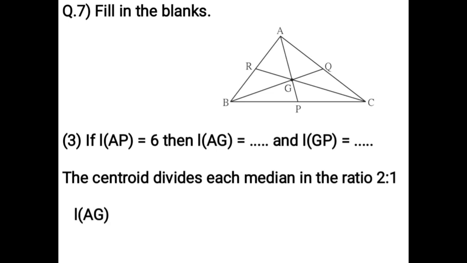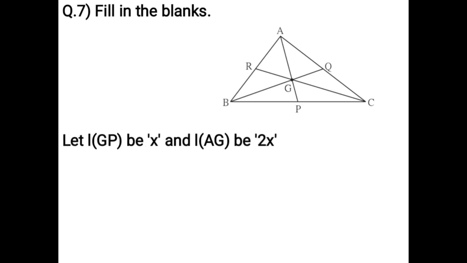That is, length of AG upon length of GP is equal to 2 upon 1. GP you have to take as x and AG as 2x in the ratio form of AG and GP of median AP. Let length of GP be x and length of AG be 2x.